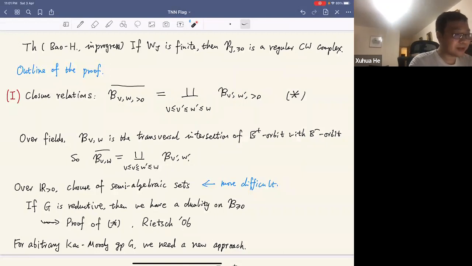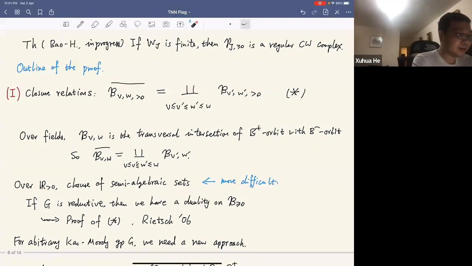Well, I would say that this result is not surprising, because if you forget about total positivity and consider what happens over fields, then this B_VW, this open Richardson variety, is the transversal intersection of a B plus orbit with a B minus orbit.